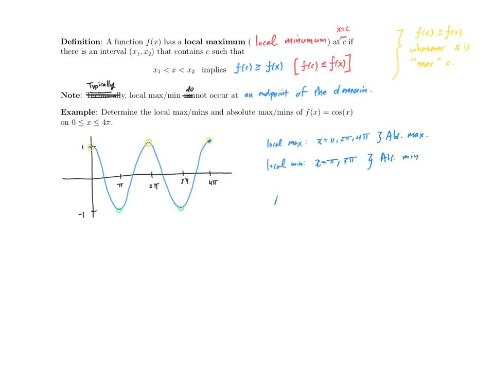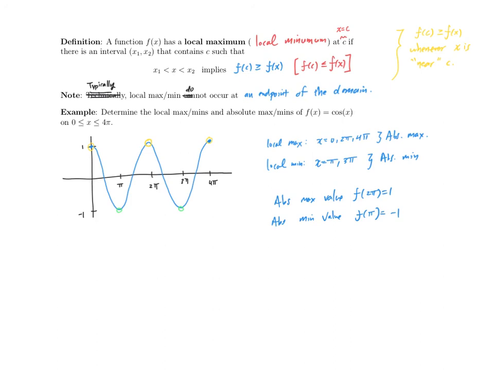And we would say that the absolute maximum value, pick your favorite one of those inputs, is 1, and your absolute minimum value, pick either of those two inputs, pi, say, is minus 1.